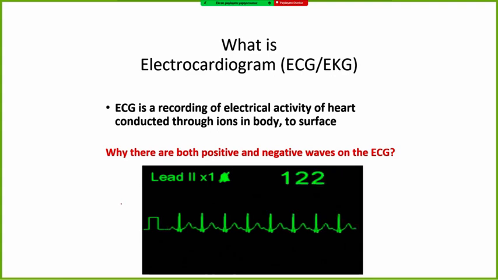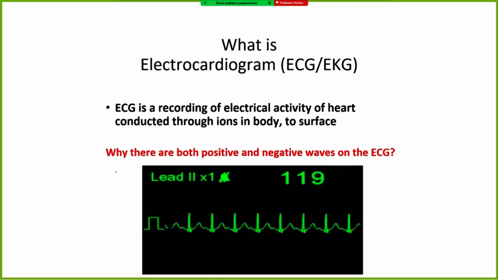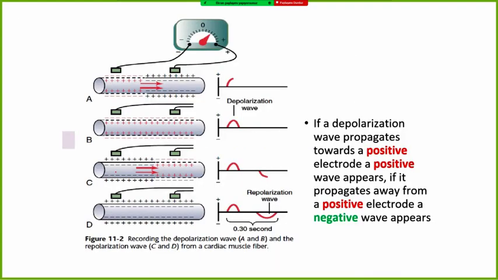So I believe you have watched Doktorlar at some point in your life, probably during summer, and you have seen this screen in many other medical drama shows. But have you ever thought about why there are both positive and negative waves on the ECG? There are positive and negative waves because of the direction of the depolarization wave.